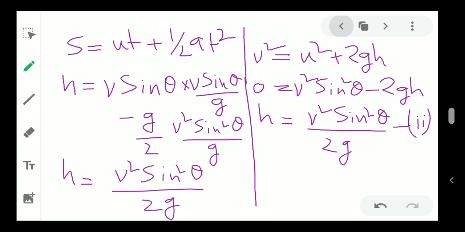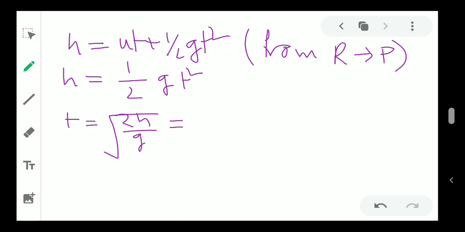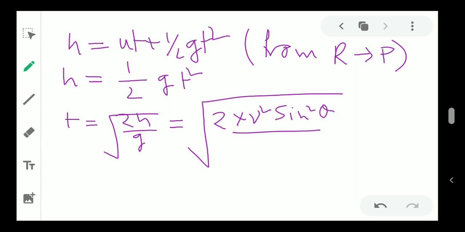Now height already I know. What is the formula for height? The formula for height is v square sine square theta by 2g. So let us use this. We can find here 2 into v square sine square theta by 2g, and one more g was there, so it will become g square.